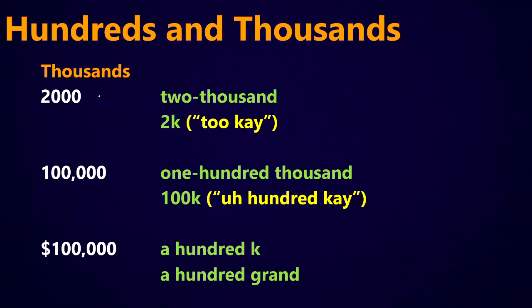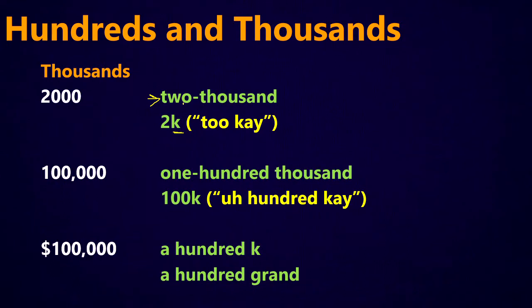Another thing with the thousands is that we can sometimes use letters or other words to describe it being 1,000. So this number here, 2,000, this is how we would spell it. But sometimes people will say 2K. The K stands for "kilo," K-I-L-O, and I think it's Greek, and that means 1,000. So instead of saying 2,000, they'll say 2K. Now, why would you say 2K instead of 2,000?